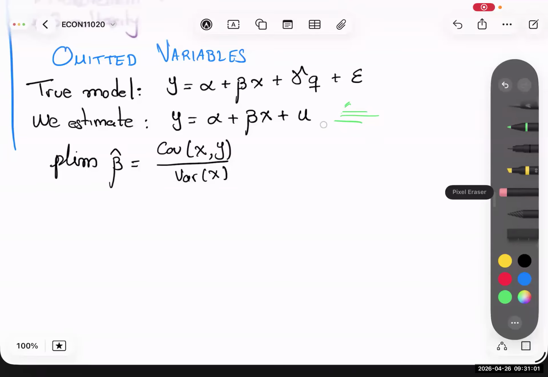Now, the problem with this second specification in which we exclude the variable q is that q is actually relevant to explain y, and also q has an association with x, which in this example makes sense, right?